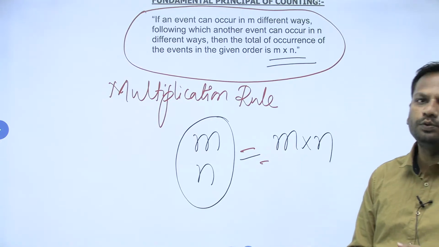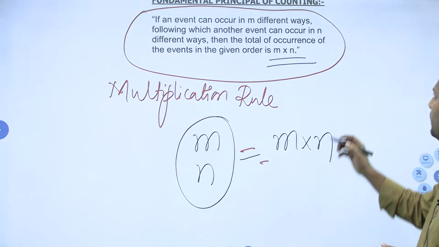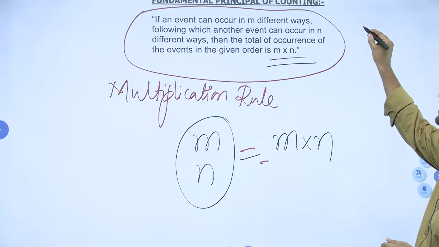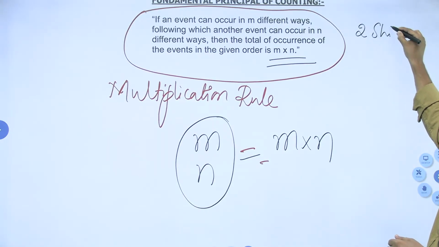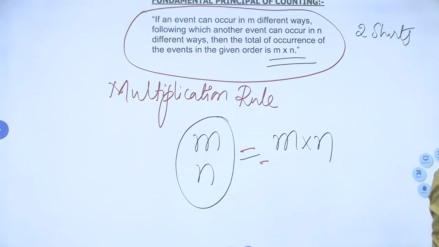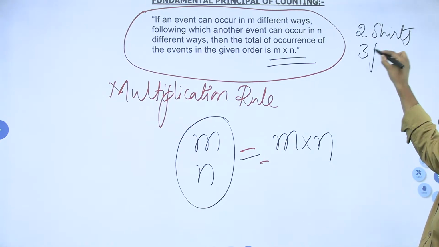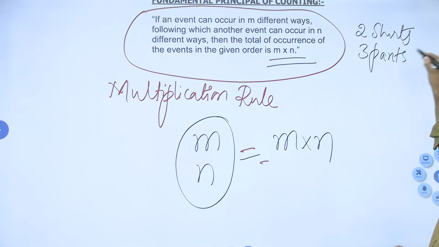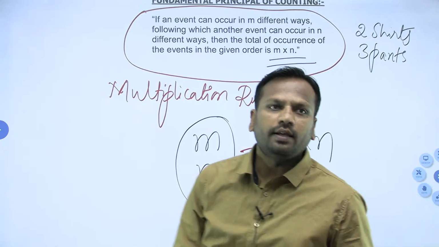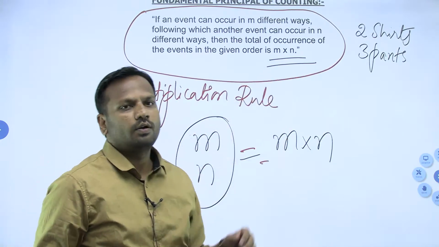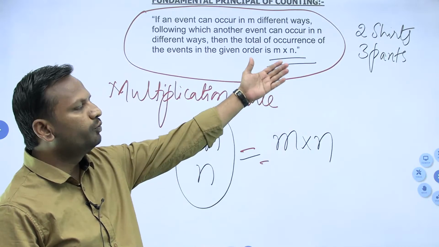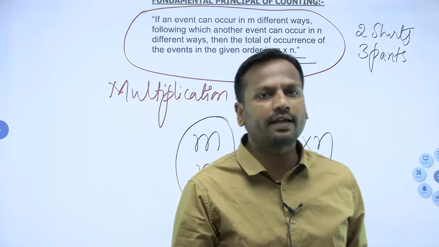Let me explain this with an example here. Suppose I have two shirts and three pants, right? In how many ways can I wear this outfit? I have to wear a shirt as well as a pant. In how many ways can I do this?